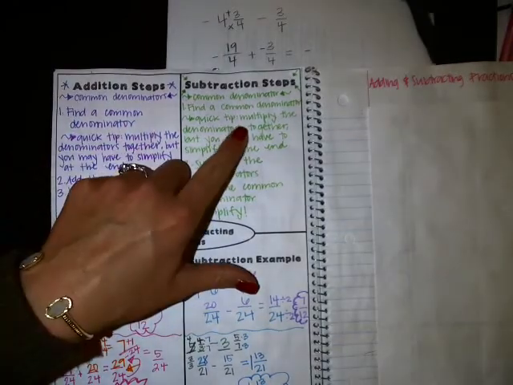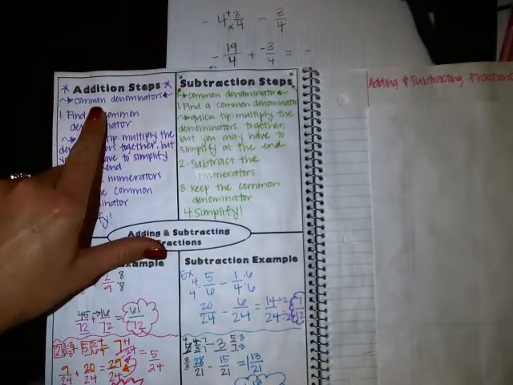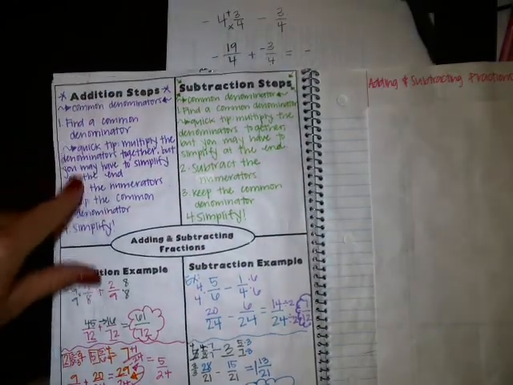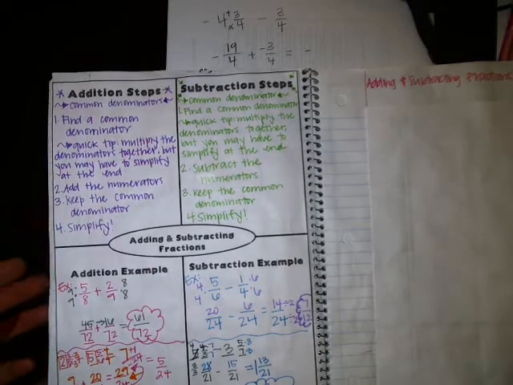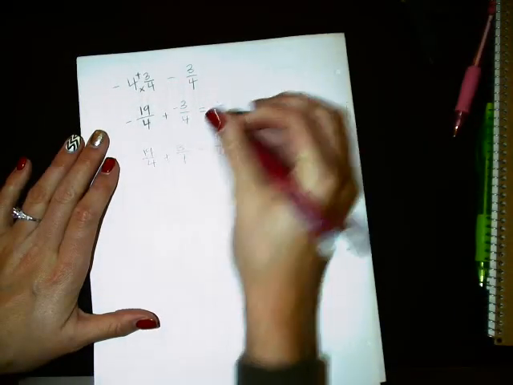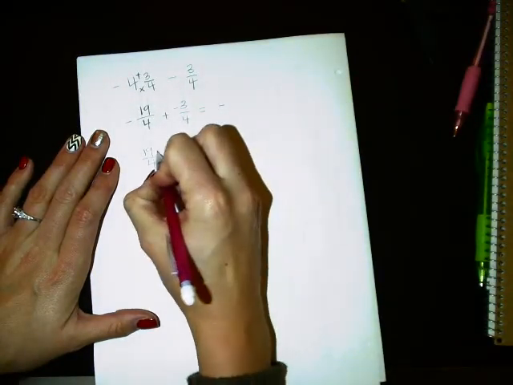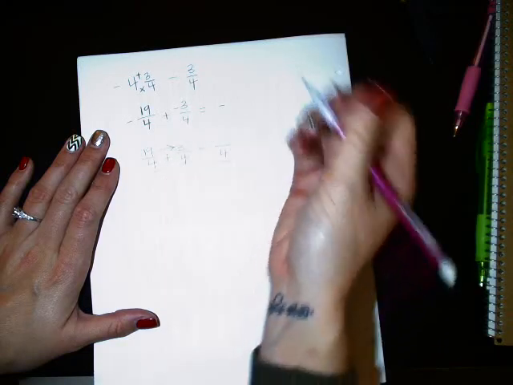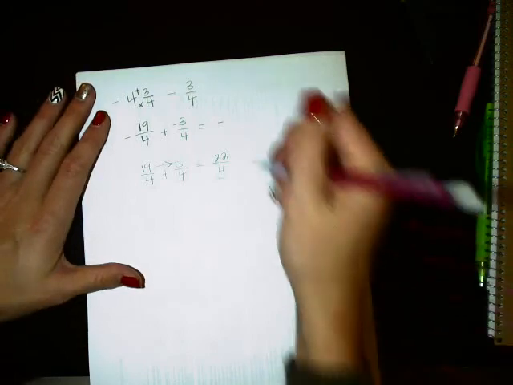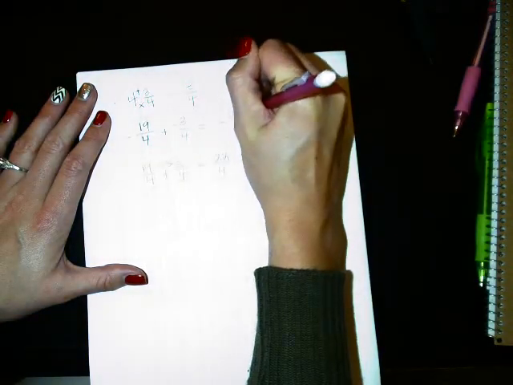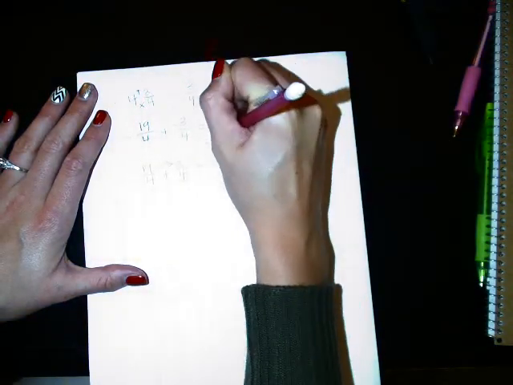When I add or subtract them, or now I'm actually adding them, you find a common denominator, you add the numerators, and keep the common denominator. Okay? So I keep my common denominator, and I add my numerators. 19 plus 3 gives me 22. So I have a negative. Put my answer up here, where I already marked my negative.